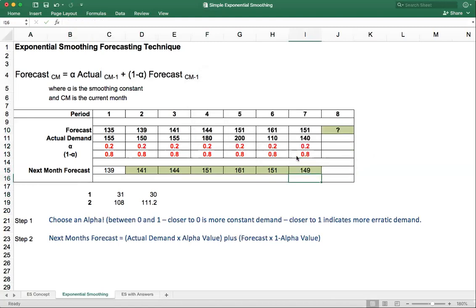Oops, did I type that wrong? Yeah, I forgot to put my parentheses, but that's okay. Okay, so what that tells us is that our magical forecast for period 8 is actually 149 units using exponential smoothing.